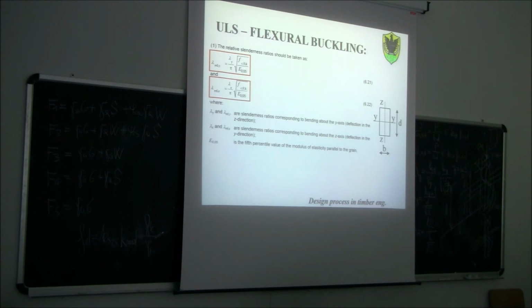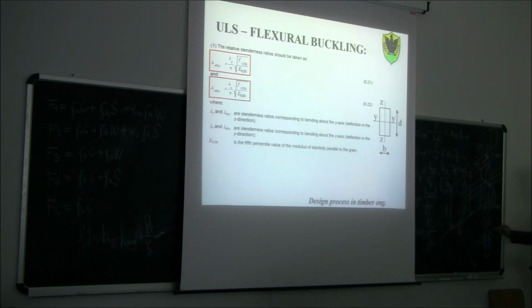Around Z is the most critical, in your opinion. What do the others think about it? Along Z or around Z? Seems that most of the people say around Z. Well, in this case, you would have something like L divided by B over square root of 12, and here you would have L. Now let's put the subscript.